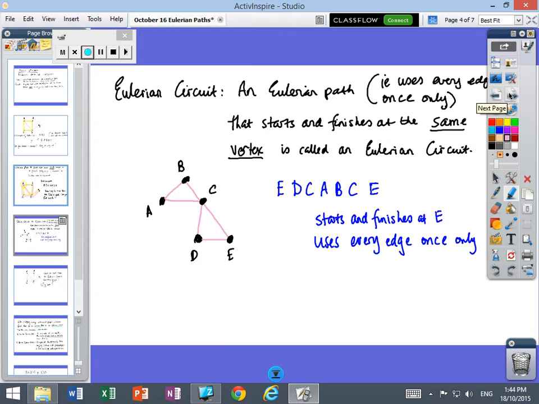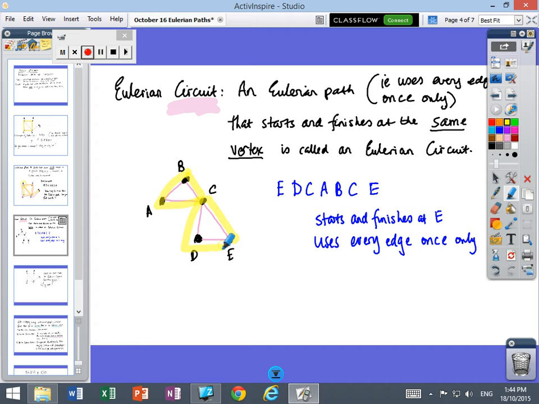This time we're using the word circuit, an Eulerian circuit. We've got to use an Eulerian path that goes along every edge only once, but this time you have to start and finish at the same vertex. Looking at this new graph, if we start at E, go up to C, go across to A, up to B, down to C, across to D, finishing at E. I think there's a letter missing there.